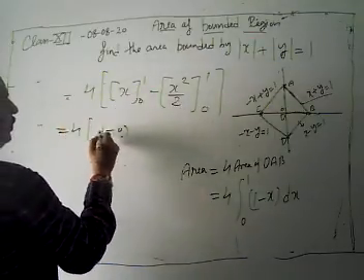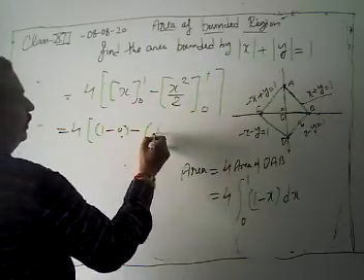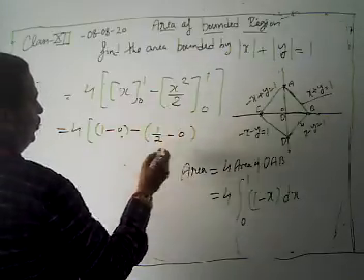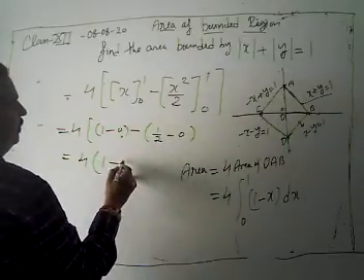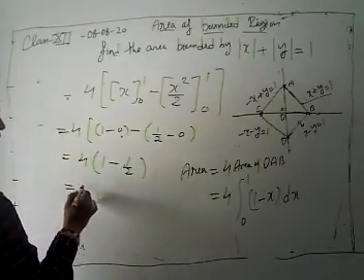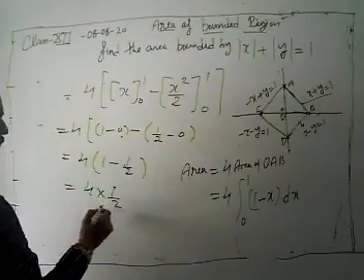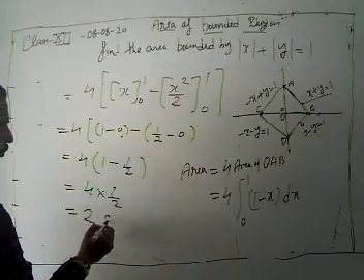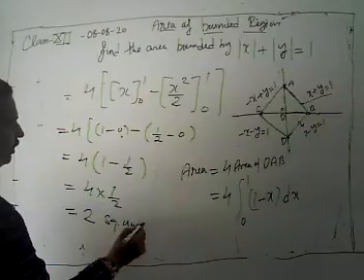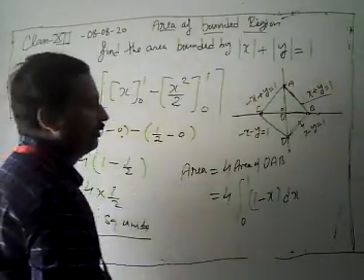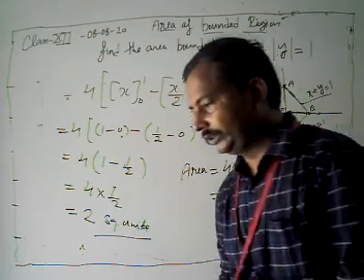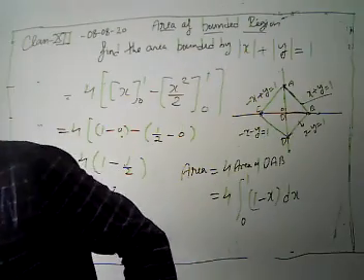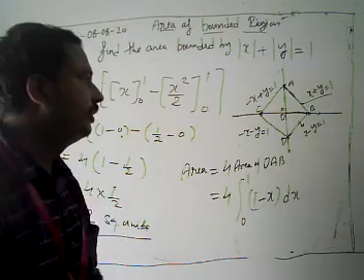We get 4 into (1 minus 0) minus (1 by 2 minus 0), so 4 into (1 minus 1 by 2), means 4 into 1 by 2, we get 2 square units. Our area is 2 square units.